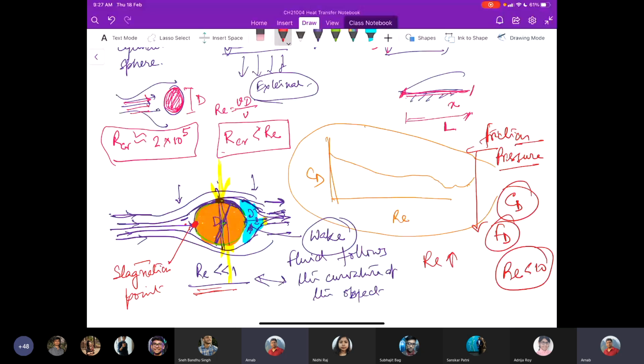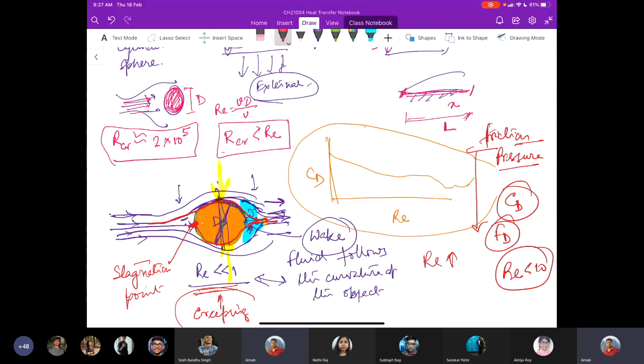At a very low Reynolds number, this is the region we call creeping flow, Reynolds number much lesser than 1. There is no separation region. The whole boundary layer takes the curvature of the object.